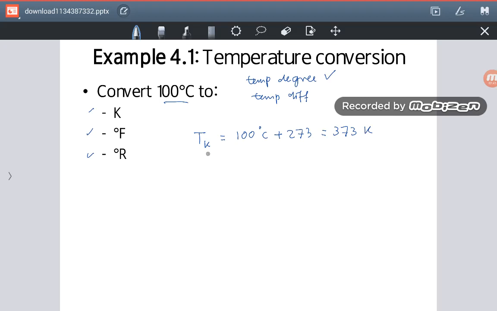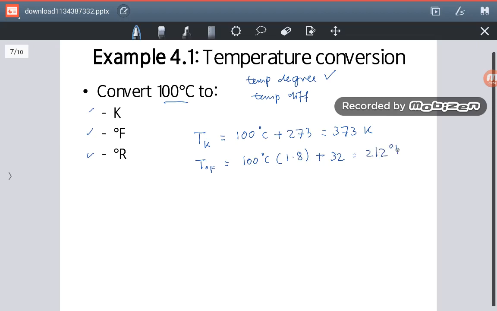Okay, for Fahrenheit, T Fahrenheit is 100 degree C times 1.8 plus 32, and it's equal to 112 degree Fahrenheit.